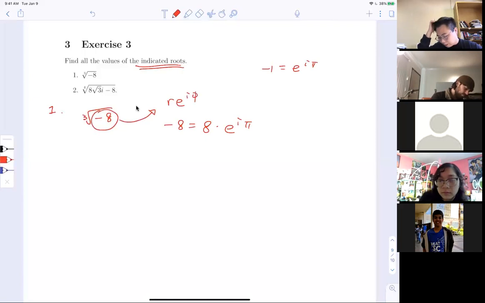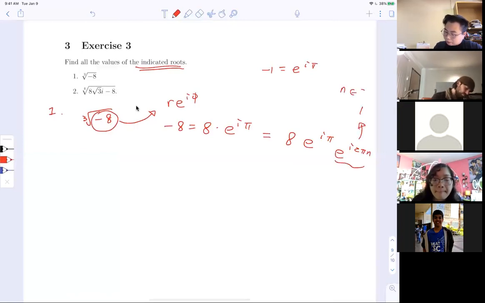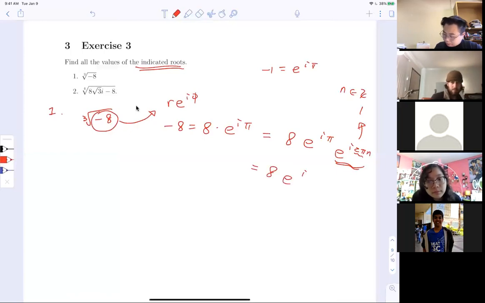This can also be written with e to the i 2 pi n, because this factor is always 1 if n is an integer, right? Because it's 2 pi times an integer, it's always 1. So it's 8 exponential i times (2n plus 1) pi.